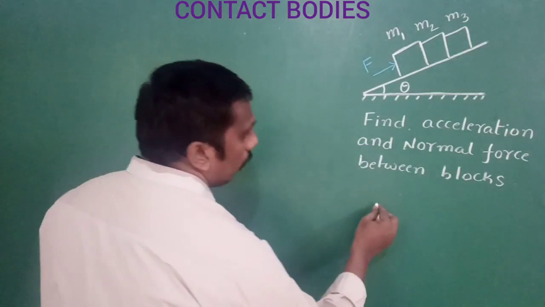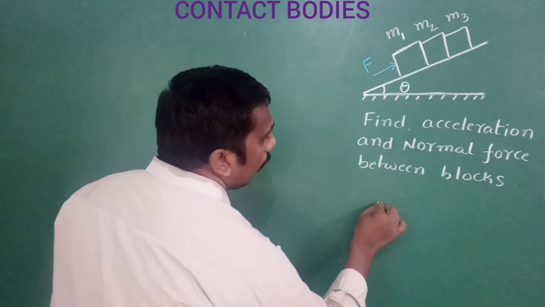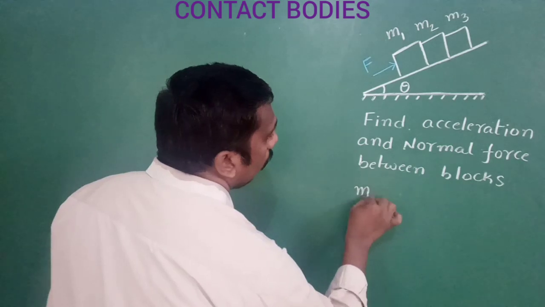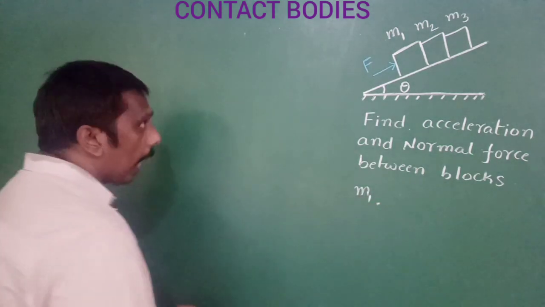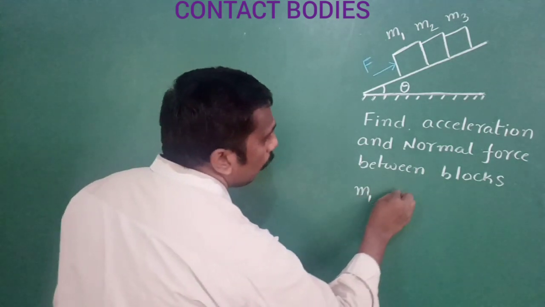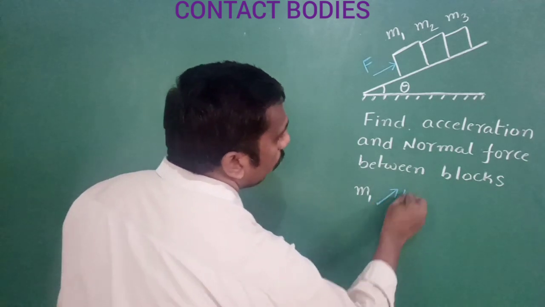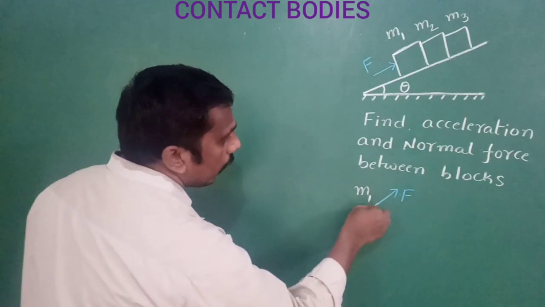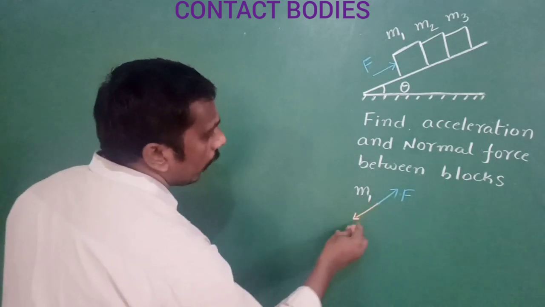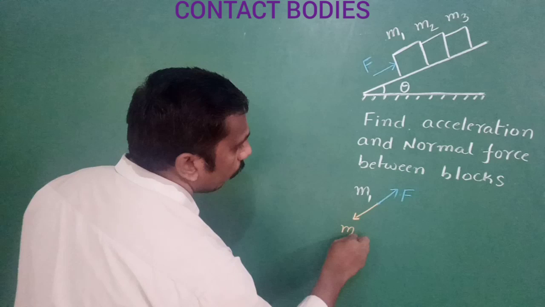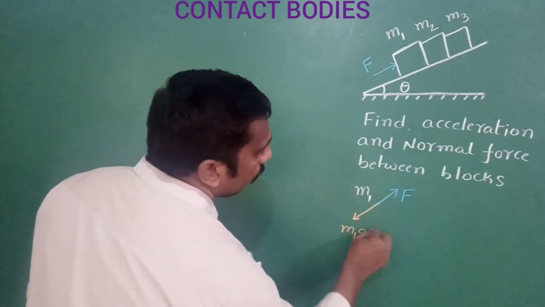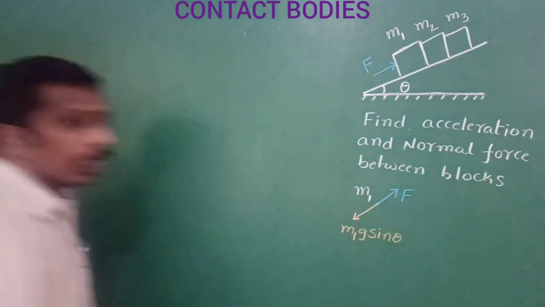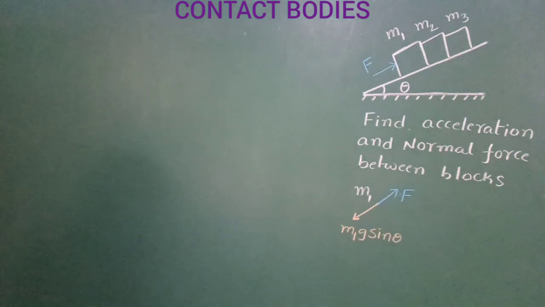On this block m1, mainly 2 forces are acting along the inclined plane. One force is acting upward along the inclined plane, F, and another force is m1 sin theta, which is acting downward. m1 sin theta is the component of weight acting downward.